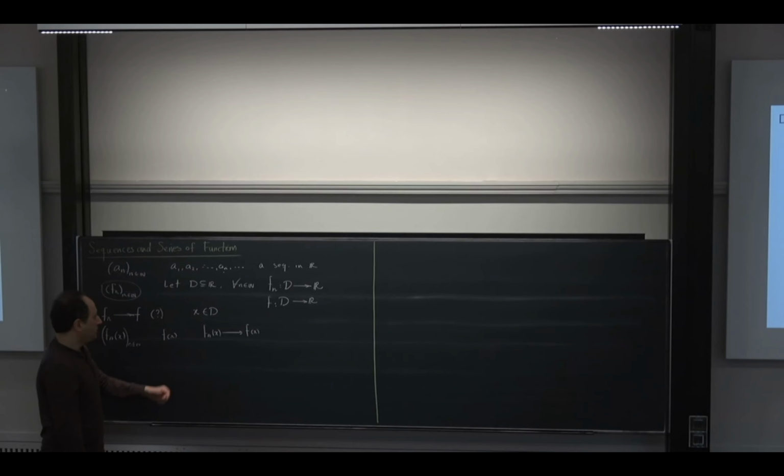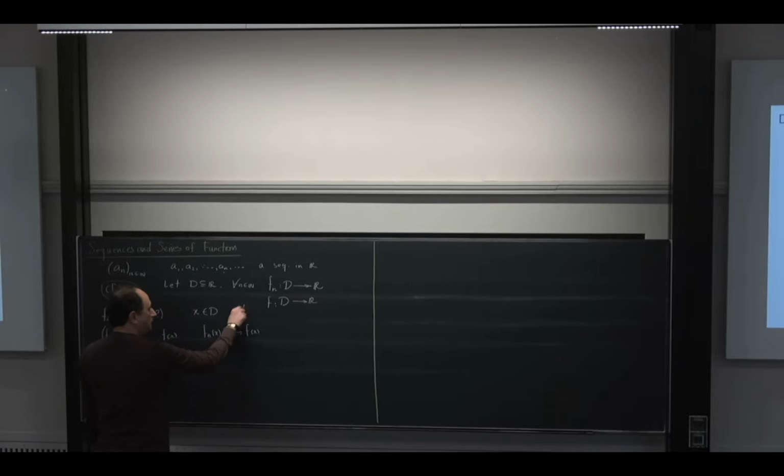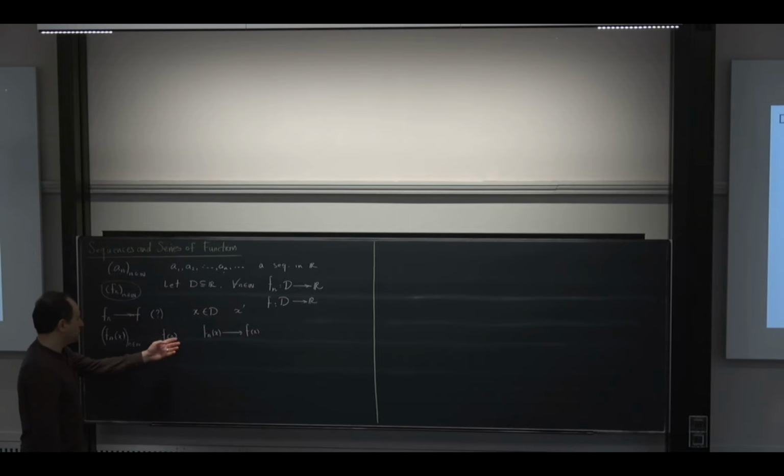So, for example, if I choose x in D and I set up this sequence and I set up this value, I see this is true. There is no guarantee if I change x to another number, x prime, and I do the same process, because f_n of x prime, in principle, is a totally new sequence.